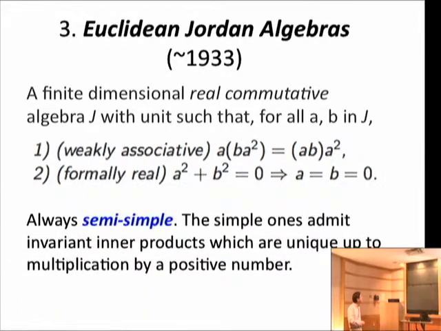This condition always implies semi-simple. By the way, there is an analog of the Cartan-Killing metric in this case, which is always positive definite, so it becomes the inner product. So it decomposes into a direct sum of simple ones. The simple ones admit invariant inner products, which are unique up to multiplication by a positive number.